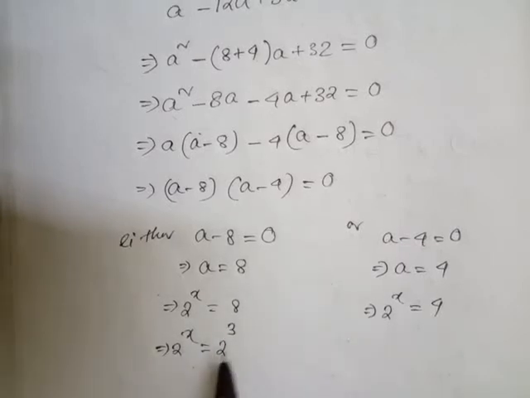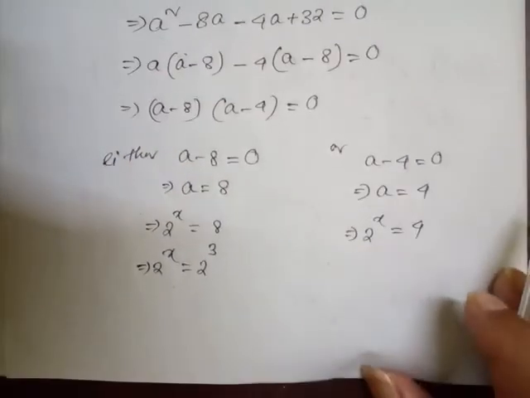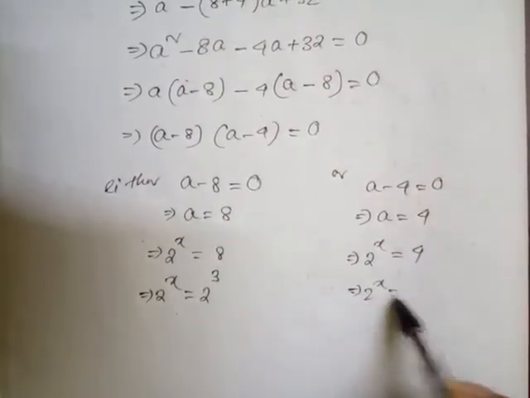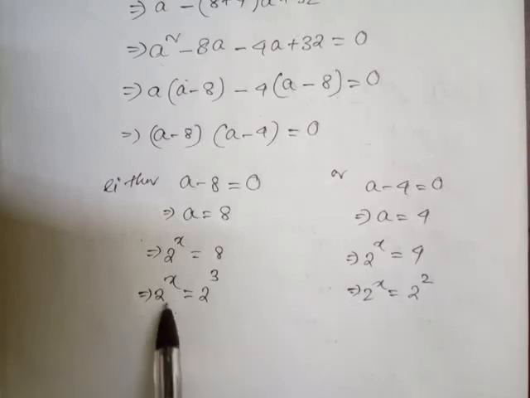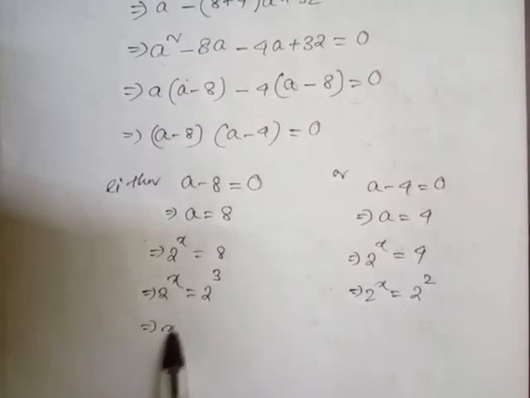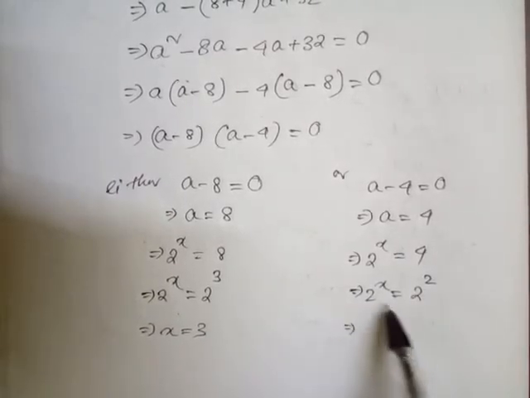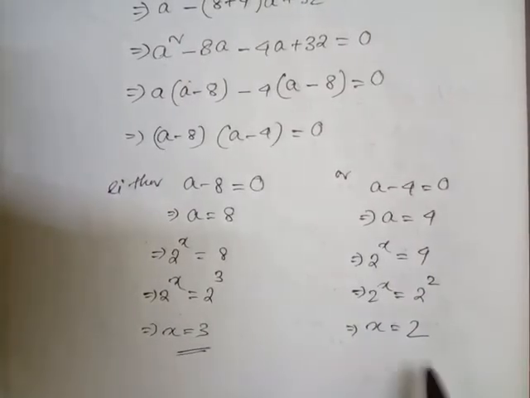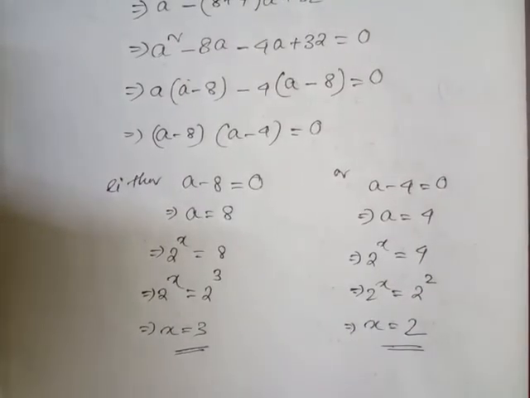And there also student, 2 to the power x and 4 means 2 square. Base same, powers are equal, so x equal to 3. Here base same, powers are equal, x equal to 2, so value of x is 3, value of x is 2. This is the answer of 10 Roman 8.